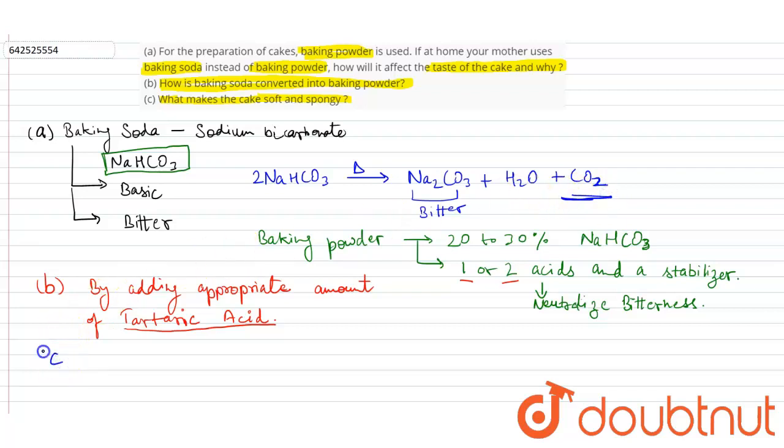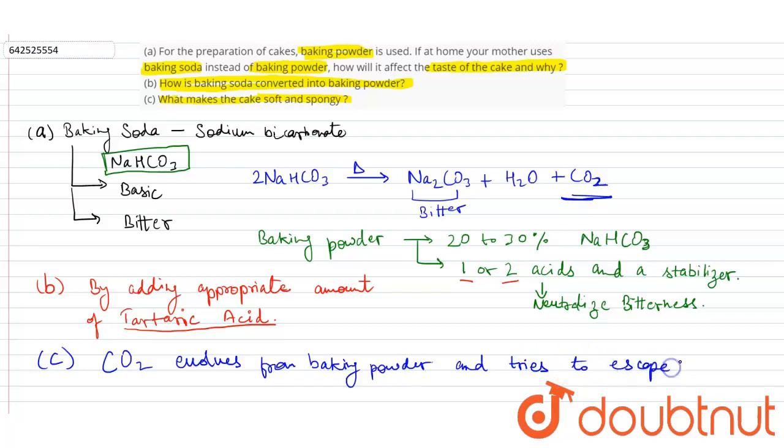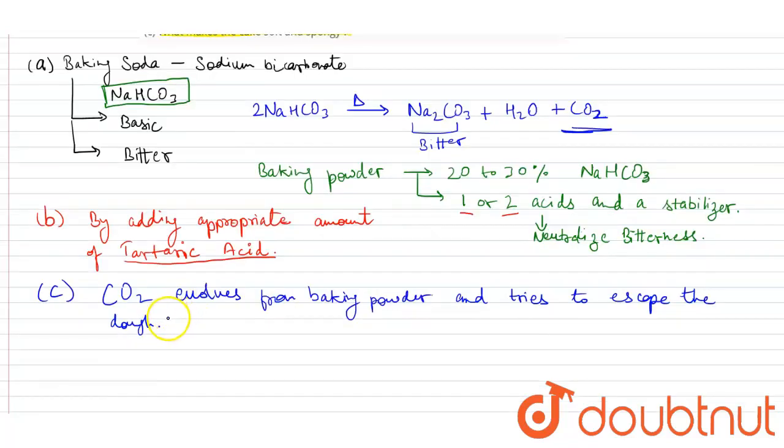So the CO2 is responsible for the cake being soft and spongy, because CO2 evolves from baking powder and tries to escape the dough, and in escaping it makes the dough soft and spongy.